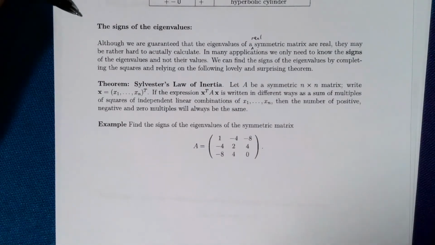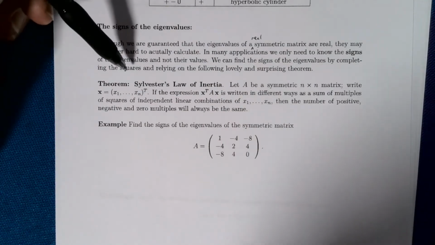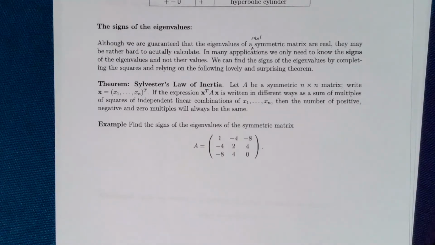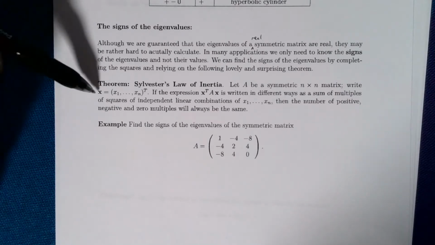Now we can find the signs of the eigenvalues, as I will show you shortly, by completing the squares and relying on the following lovely and very surprising theorem called Sylvester's law of inertia, which says you take an n by n symmetric matrix and you put x to be this vector here.